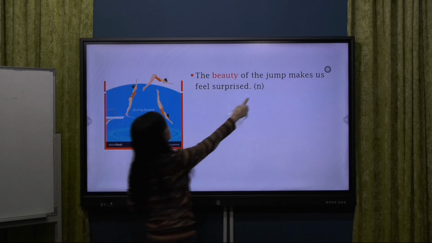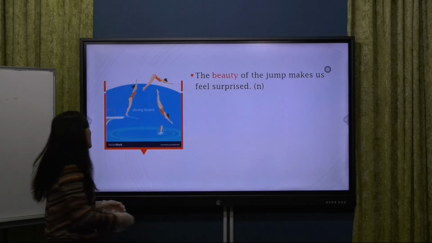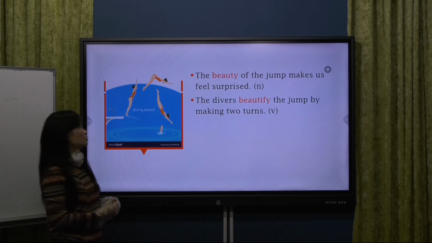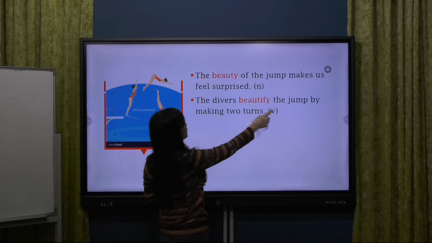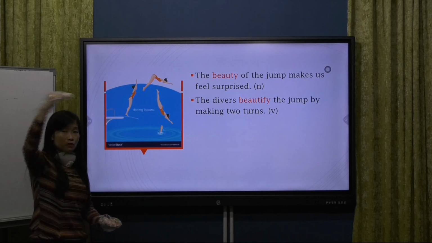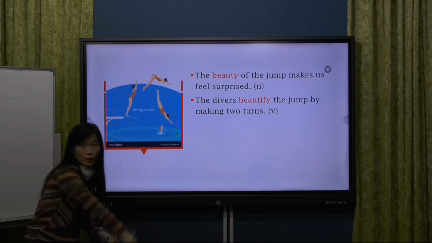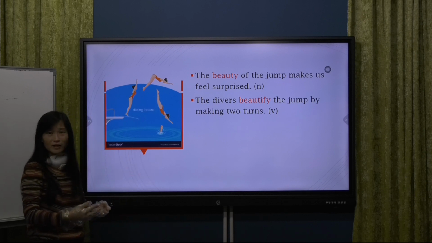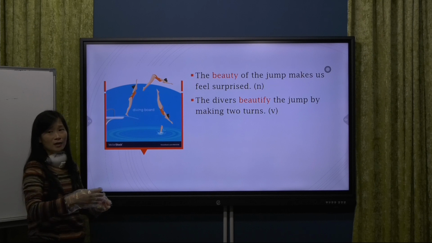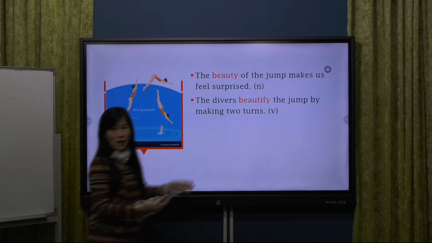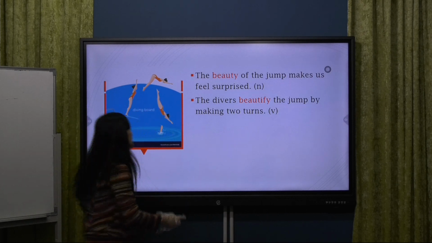Here, beauty is a noun. And also, we can say the divers beautify the jump by making 2 turns. So it's not just a jump, but jump and turn and turn and turn, and then into the water. So the divers, if they want to get better results, they will beautify their form. So beautify, now here is a verb.